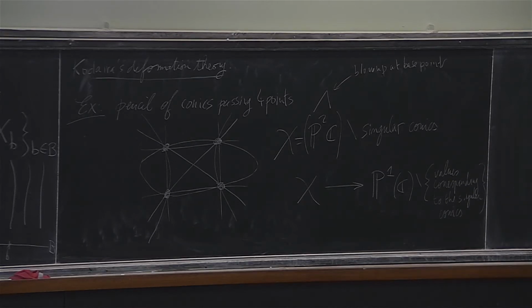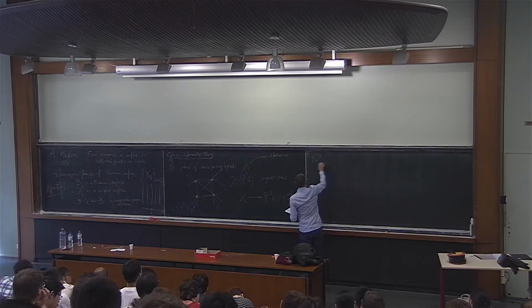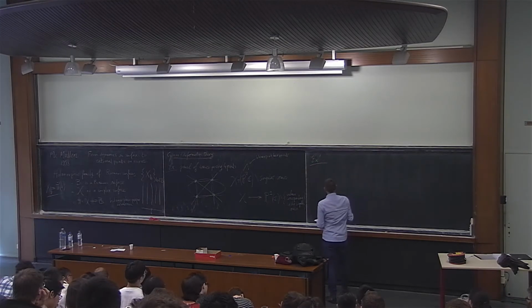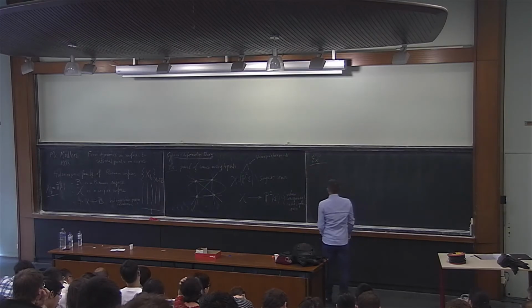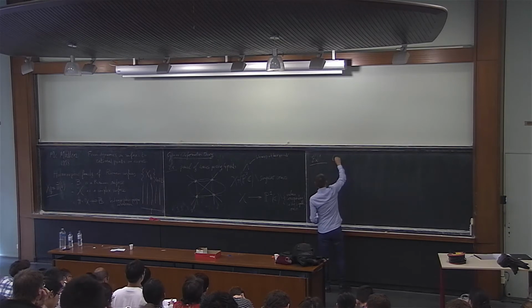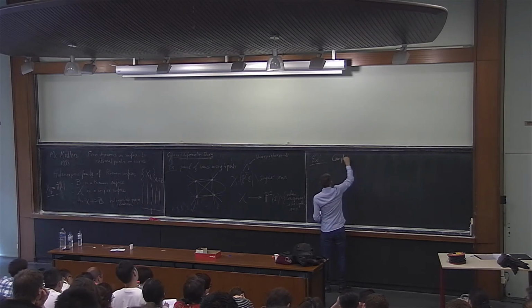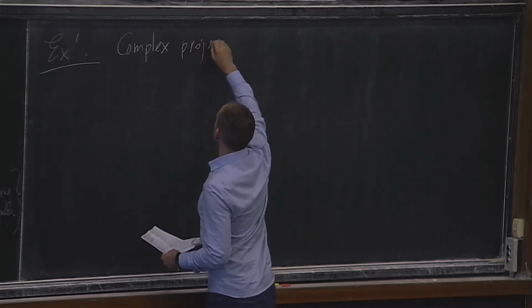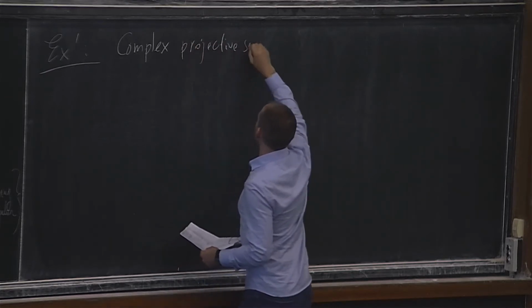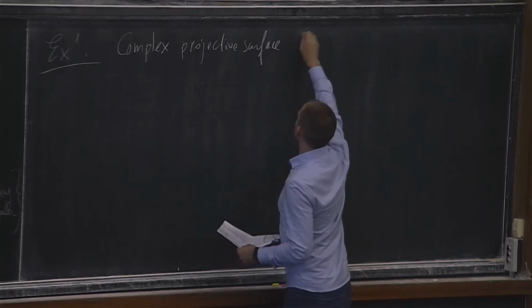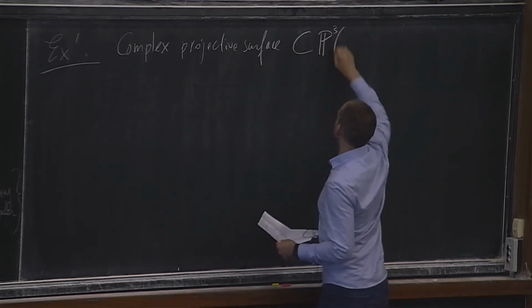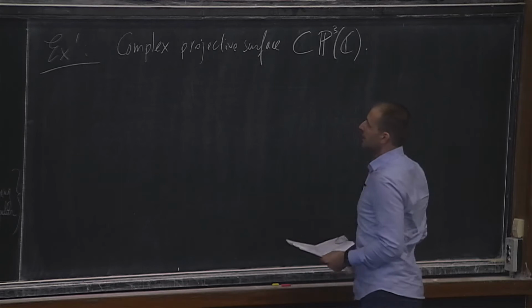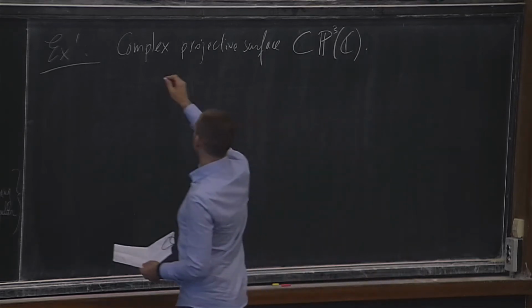So here is another example which is kind of similar. Suppose you take a complex projective surface inside, say, P3 of C. You can be more general, but just to fix ideas, I'm going to suppose it is smooth.